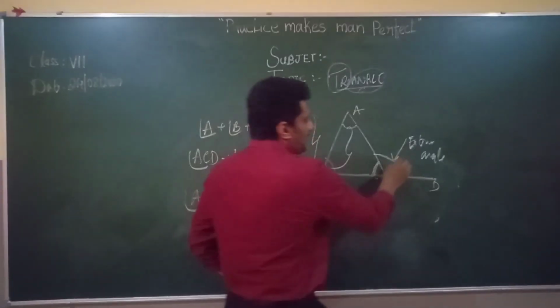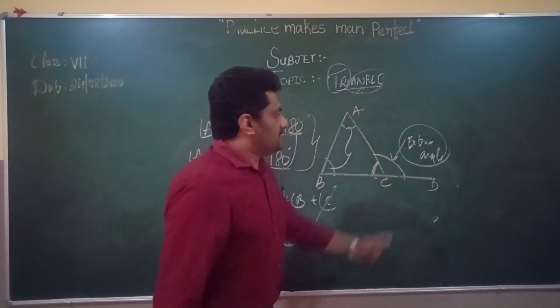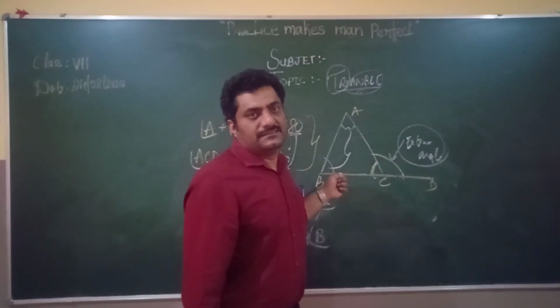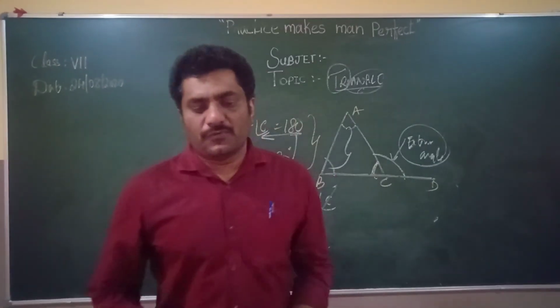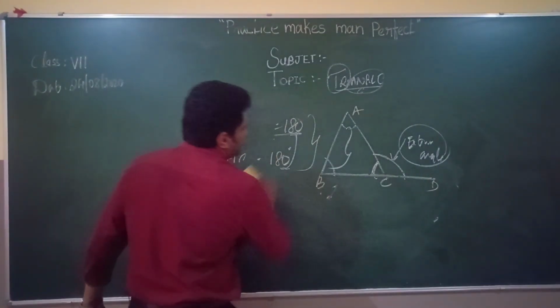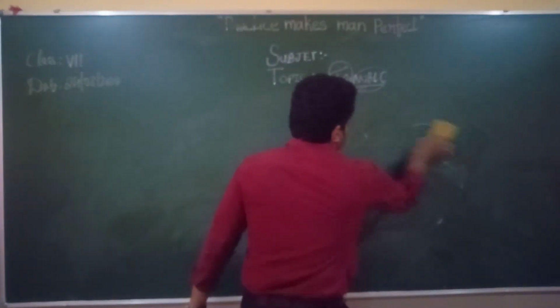It is nothing but the exterior angle. So the exterior angle will always be the sum of these two angles. Okay? Let's solve a few problems based on the interior angles and exterior angles of a triangle.